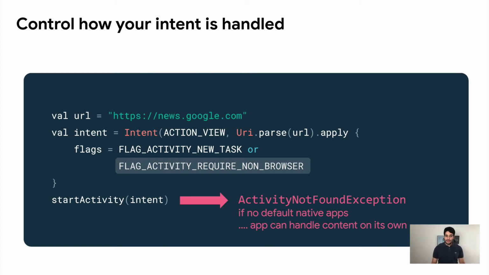And in case we cannot find any default native application, you will have the activity not found exception raised, and you can catch it and instead open the URL, so here Google News, in a custom Chrome tab directly in your app rather than opening a browser, which may not be the experience you want to give to your users. And doing that doesn't require any change to your permissions nor your manifest. So I highly recommend you use this new flag to help you have the best user experience for your users.